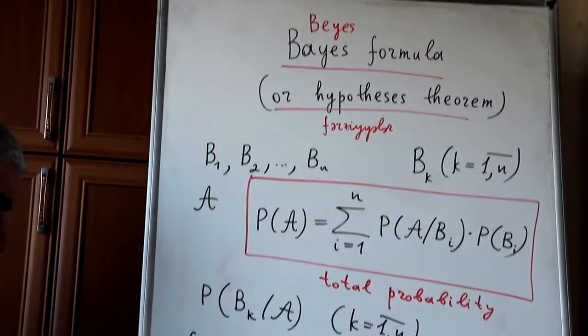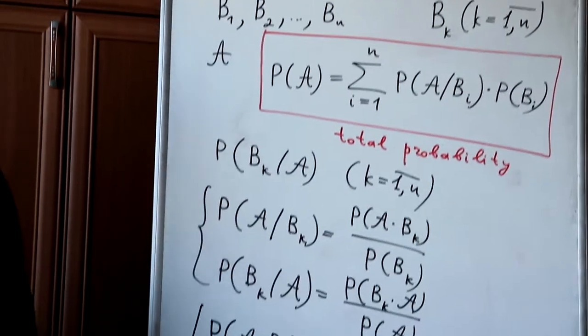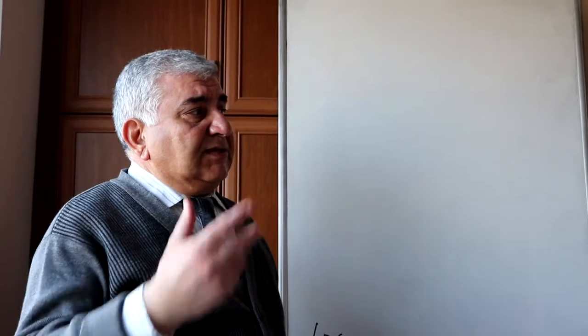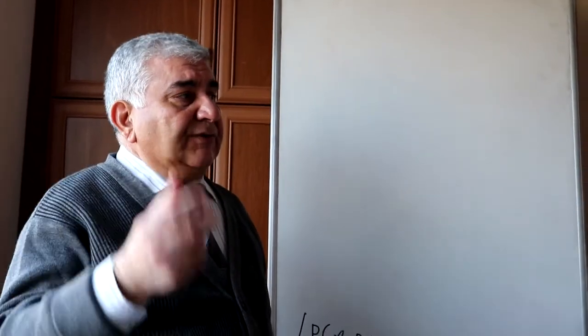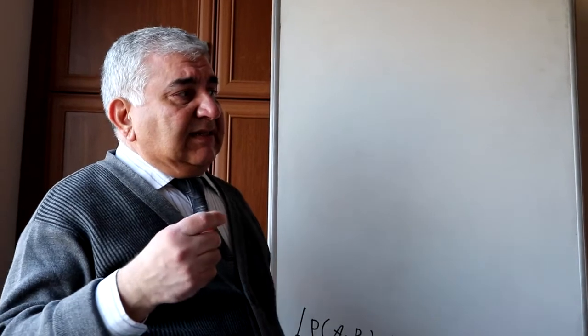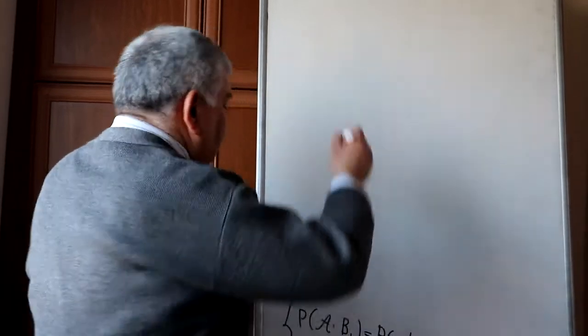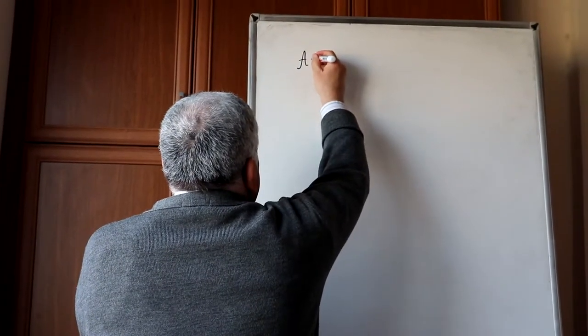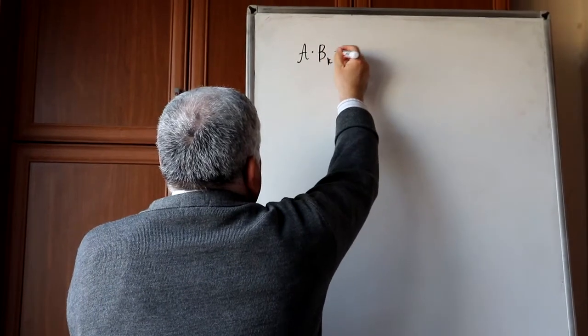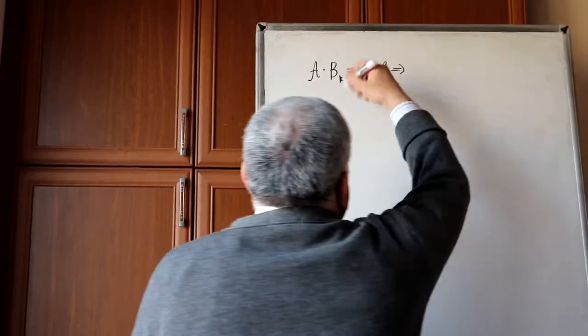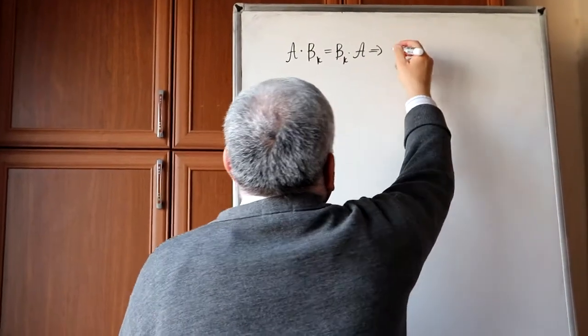Then continue. We know that the superposition of two events, and also the intersection of two events, and also the product of two events, doesn't depend on the sequence of these events. Therefore, A multiplied by Bk equals Bk multiplied by A, and their probabilities also are equal.